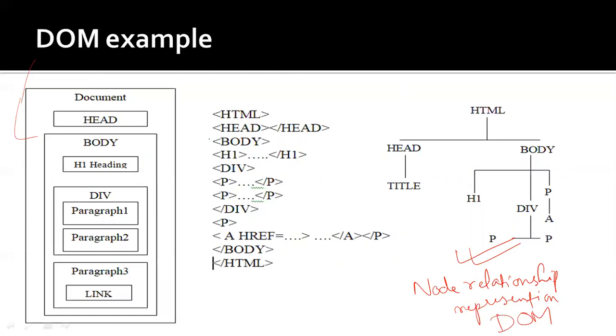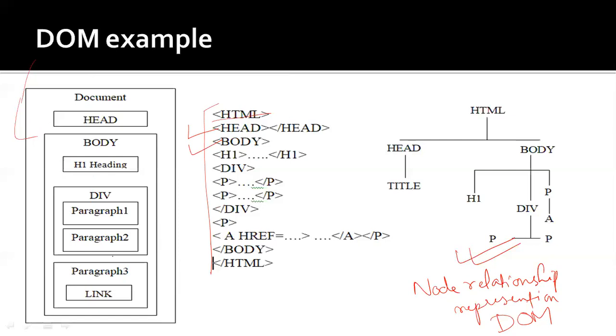So first of all, let's see the HTML code. Here we have written HTML. Inside HTML, it has two child nodes. The HTML tag contains head and body as its child nodes.